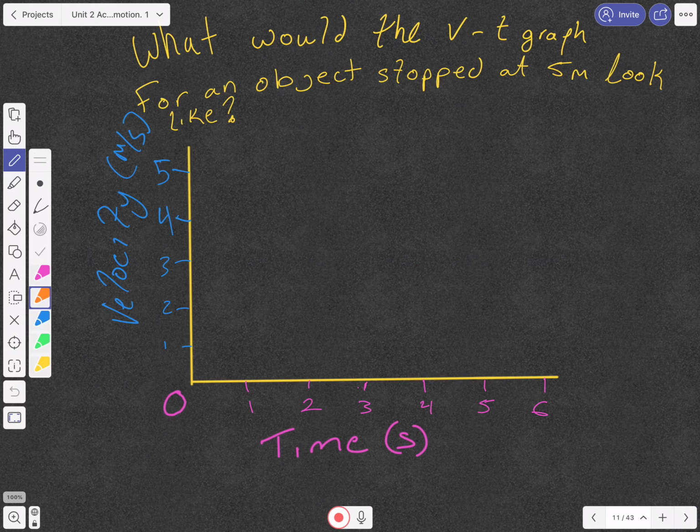So we know that if an object is going 0 meters per second, or if it's stopped, that means it's going 0 meters per second at 0 seconds. And the same for 1 second, and 2 seconds, and 3 seconds, and so on. And once again, we can just draw a line right through here.